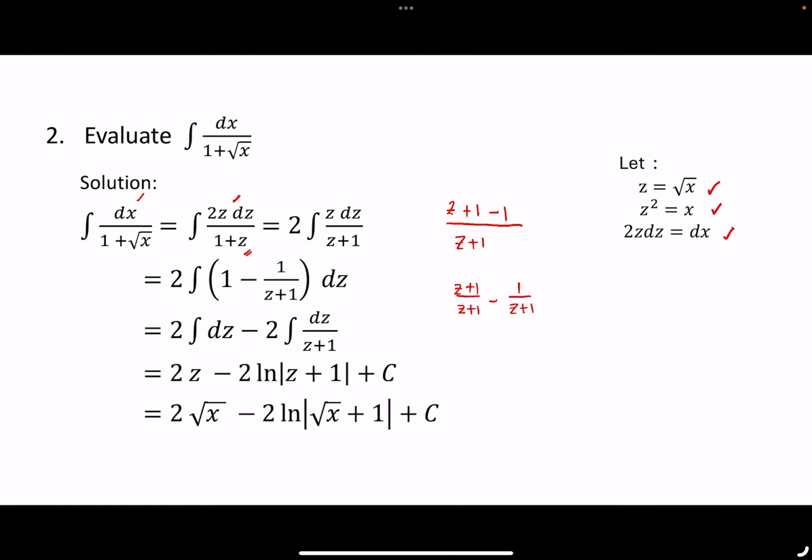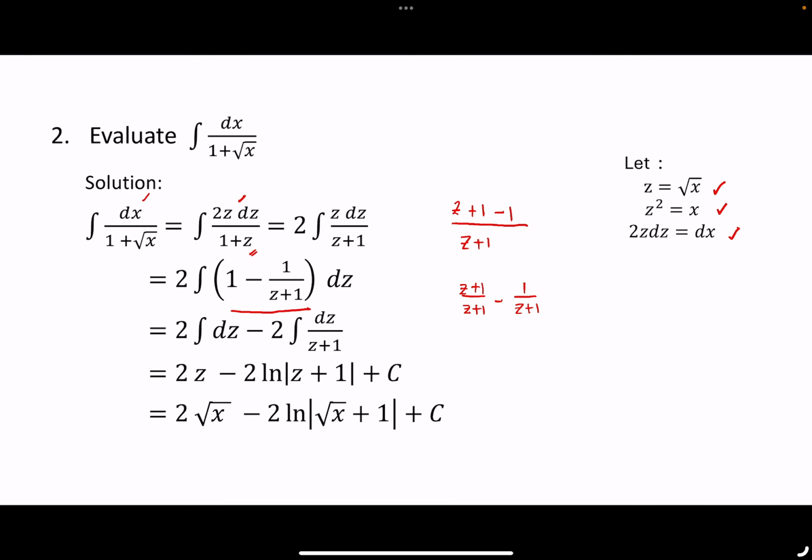Thus, we have 1 minus 1 over z plus 1 dz. So, applying the linearity property, we have the integral of 1 dz, or integral of dz, minus the integral of dz over z plus 1.